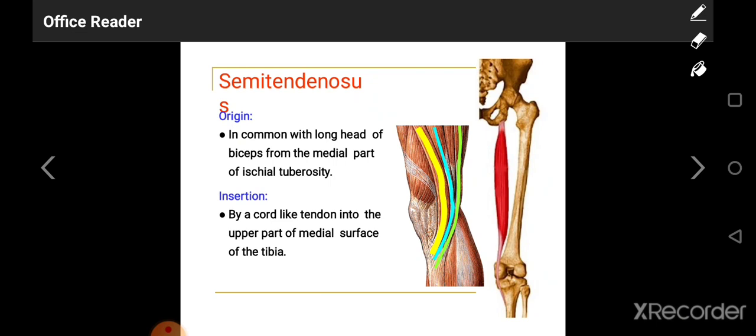These are depicted with three colors. Yellow is for the sartorius, then blue is for gracilis, and green is for semitendinosus muscle. So from front to behind, we have insertion of sartorius, gracilis, and semitendinosus.